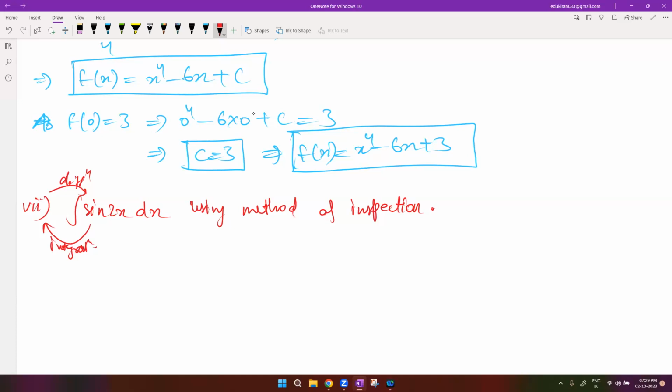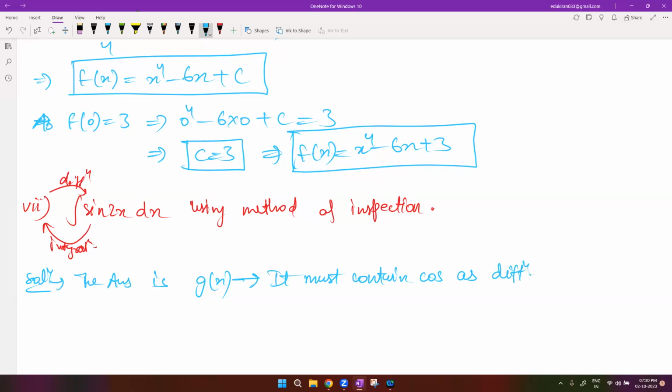So what I'm doing is I'm starting with cos 2x. Let's say the answer is some function gx. It must contain cos, as the differentiation of a cos function is sine, correct?